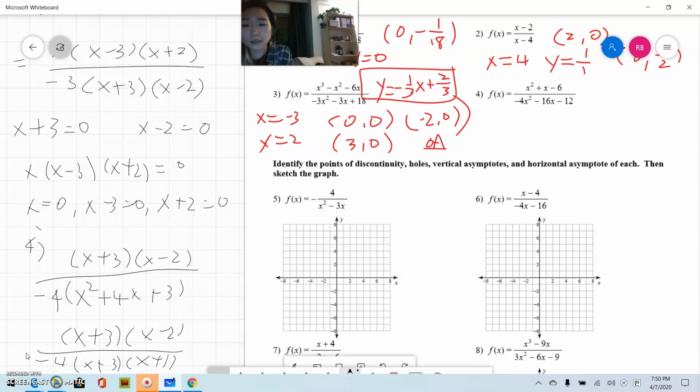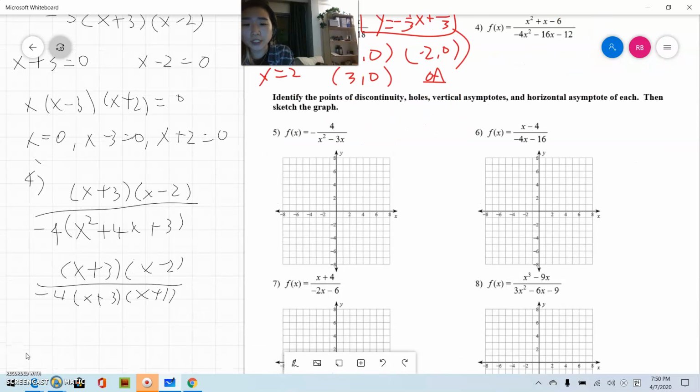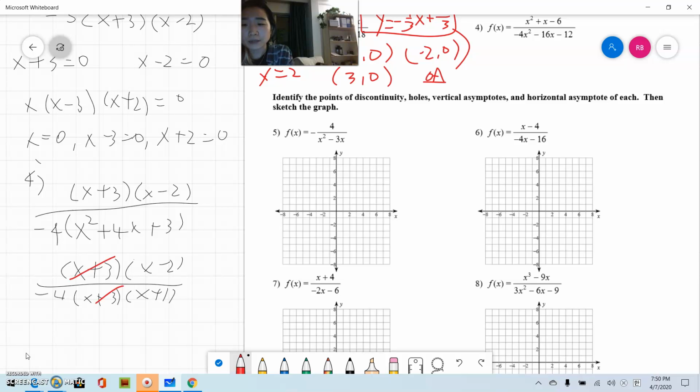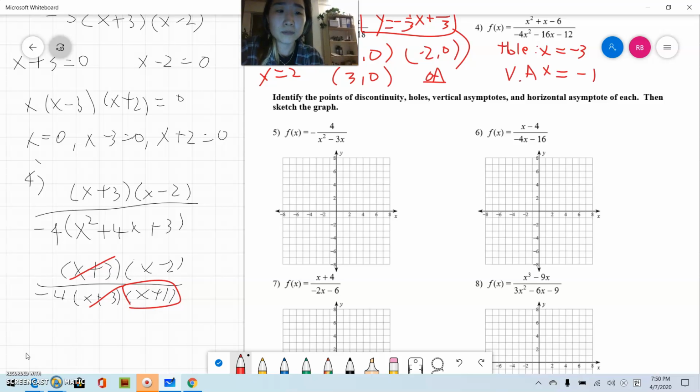And then do you see how something will cancel out here? So do you see how x plus 3 cancels out? So then the hole is at x equals negative 3, because x plus 3 equals 0. So you do that. And then the vertical asymptote is x plus 1 equals 0. So x equals negative 1 is my vertical asymptote.